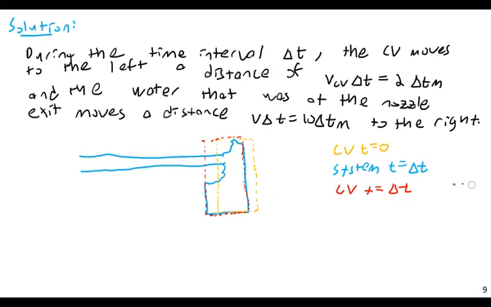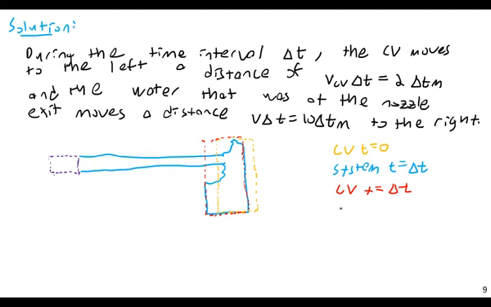maybe in purple, I have the overlap, something more like this. This is the part of the system that is no longer present, or that has moved on, because we were looking at the volume. Originally the nozzle was here, or sorry, originally this chunk of water was here.